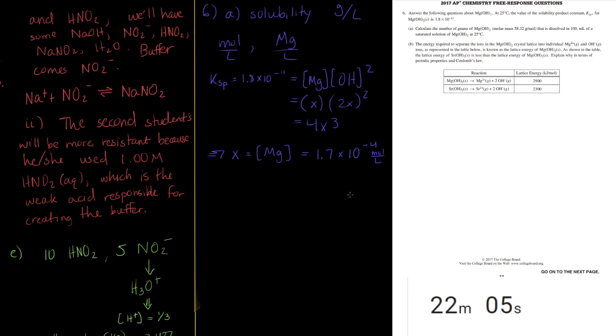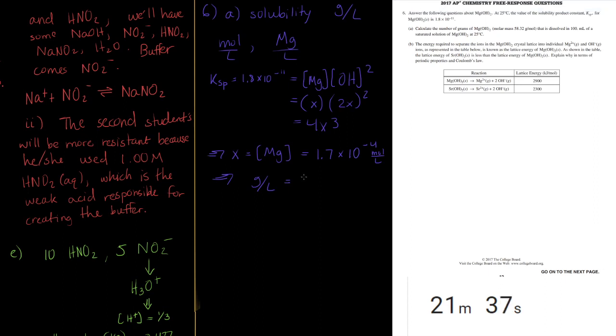So the first order of business is to turn this from moles per liter into grams per liter. It's kind of telling us the molar mass. So we simply multiply our result by 58.32 to find the grams per liter, this is grams of magnesium per liter, and we've got to multiply by the entire magnesium hydroxide, even if we're just looking now for grams of magnesium.